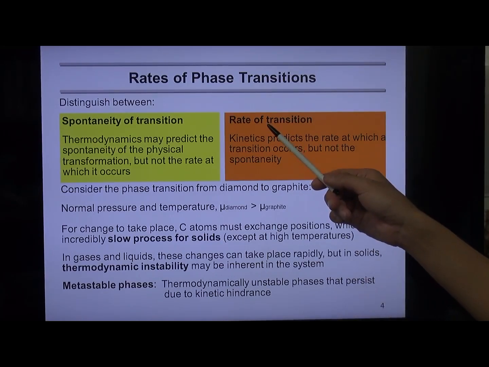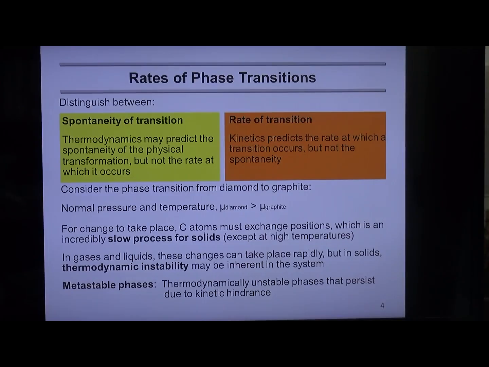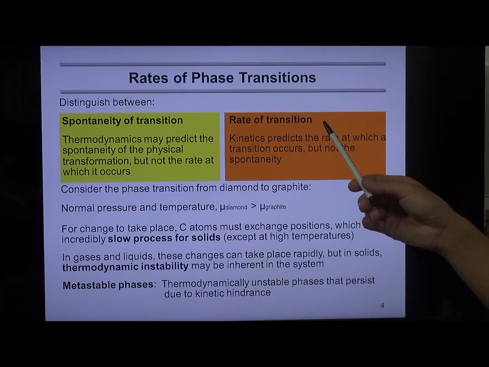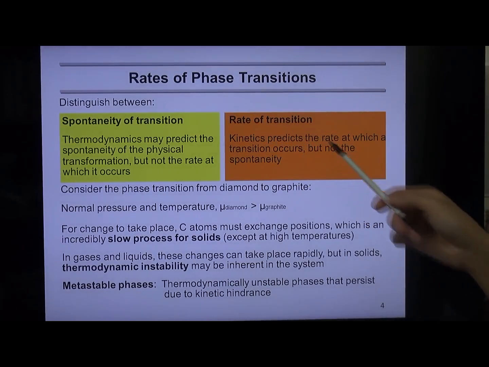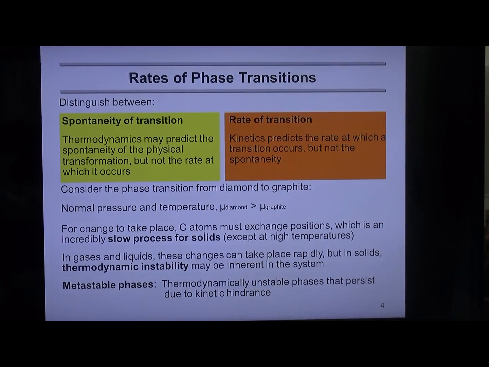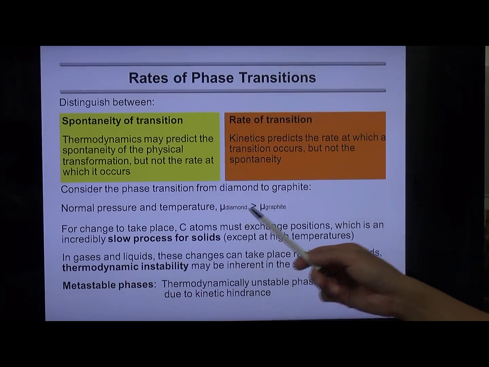Thermodynamically, a certain phase is more stable or more unstable, but kinetically, in terms of rate of transition, that spontaneous process might be very slow. The representative example is the case of diamond and graphite.